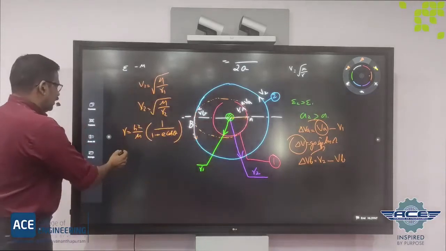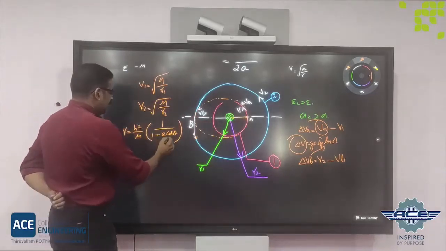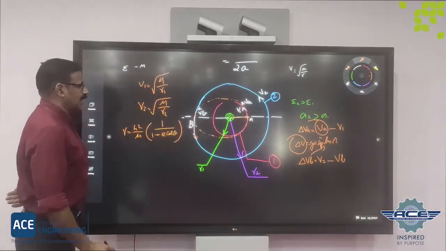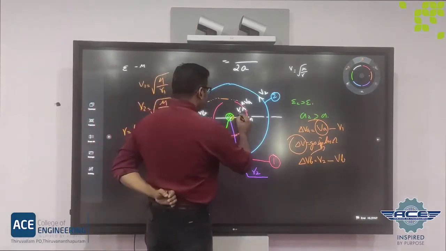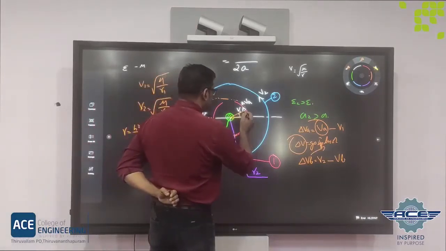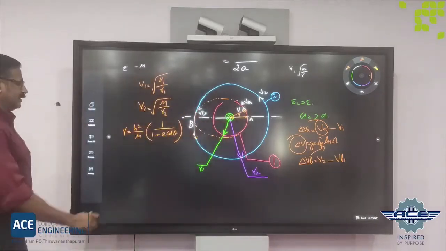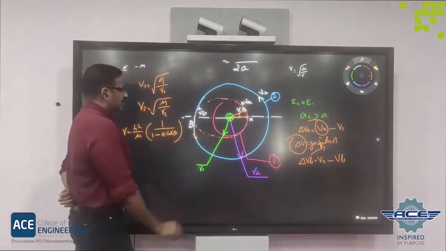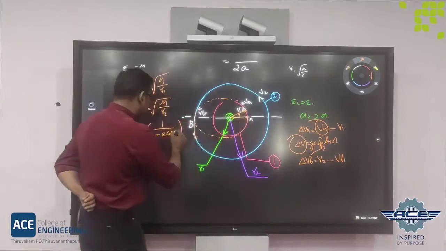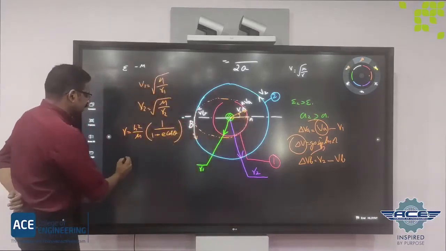And here theta is the true anomaly. Anomaly is the angle where the satellite or any planet has its angular position defined. At this position A, theta becomes 0, and eccentricity you can calculate.